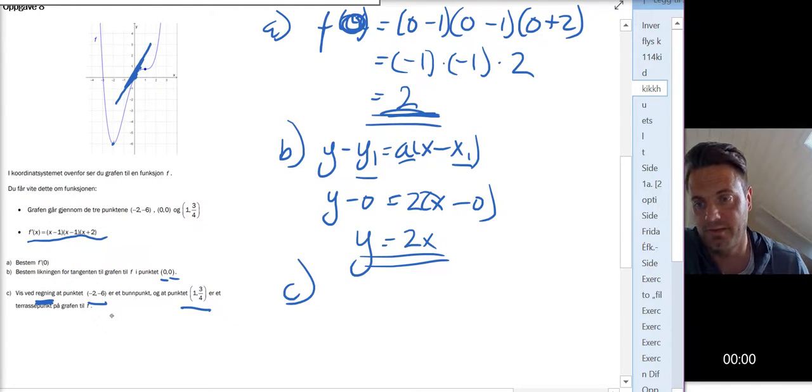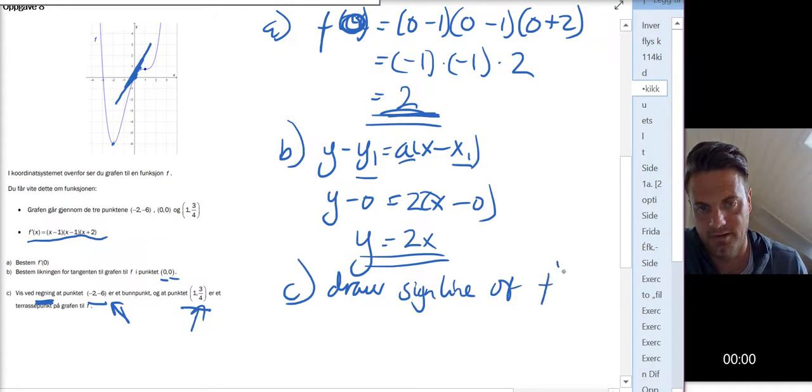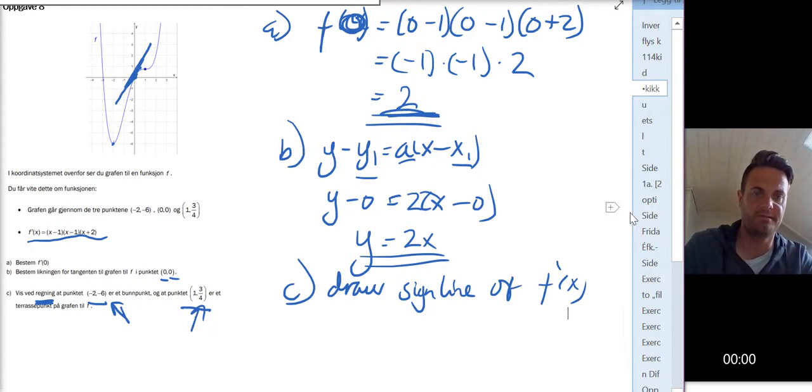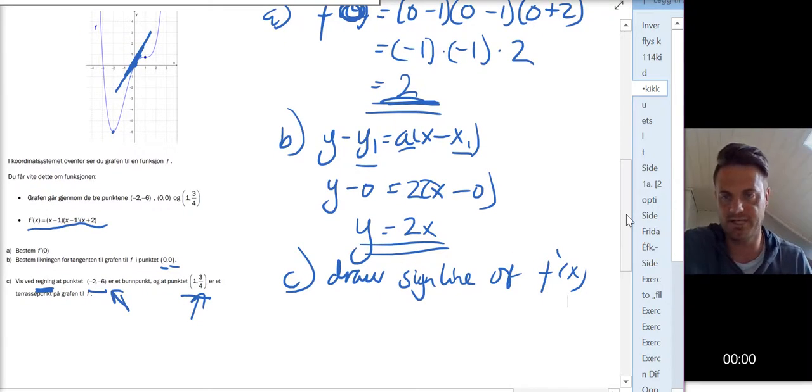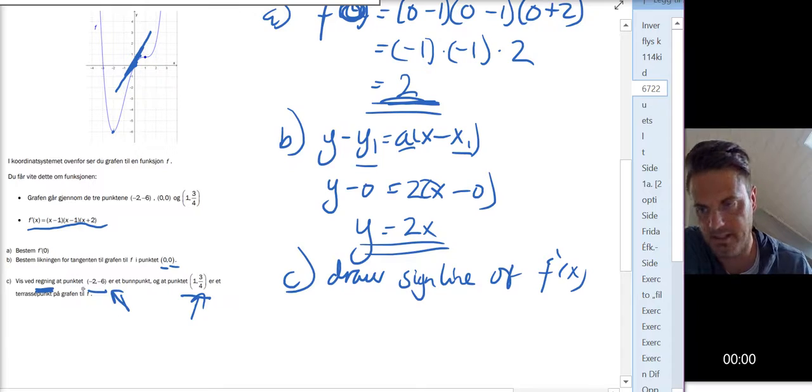But how do we determine if a point is a maximum point or minimum point? Well, we can always draw the sign line of the derivative. That may not feel like doing it by calculation, but it is. By calculation just means that we can't just look at the graph.